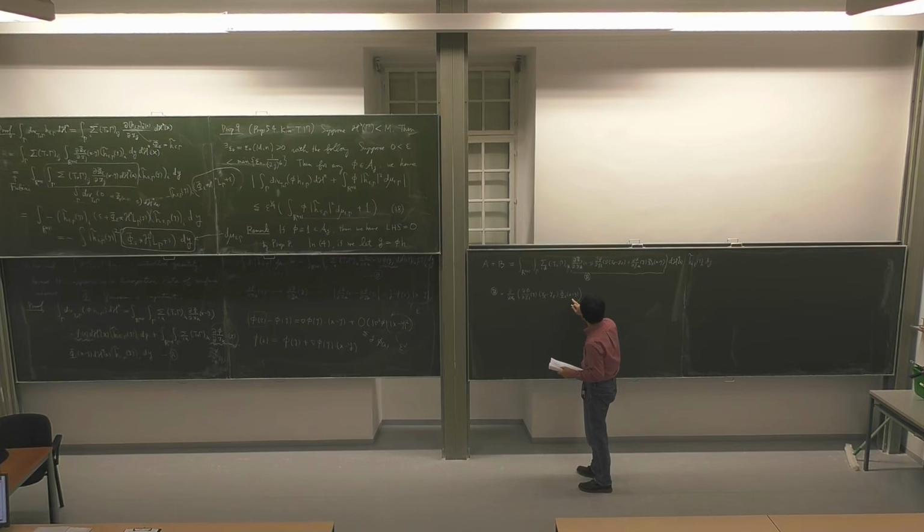Differentiating this gives you this term, right? Because when x is equal to L, k is equal to L, you have this guy. And differentiating this gives you this one. I hope that's fine.